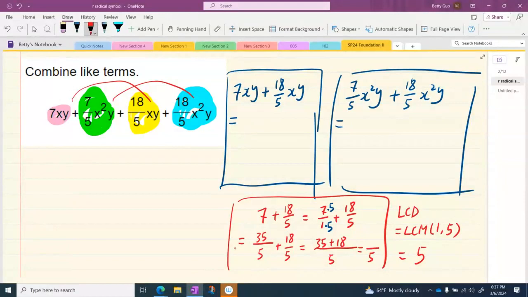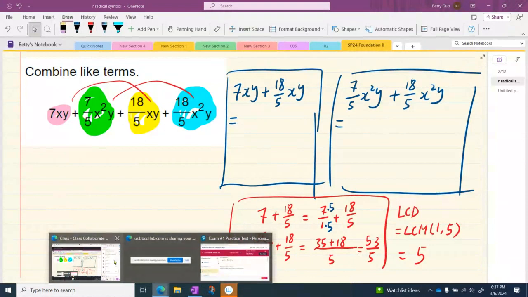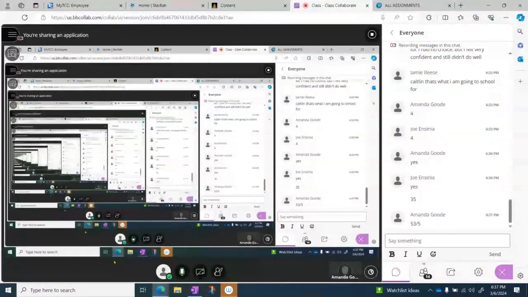You need to start to talk to your calculator from now on for your practice. Get familiar with your calculator. Even scientific calculators, some of them would be different from others. 53, right? I got 53. I think 53 is a prime number. So 53 over 5, exactly.